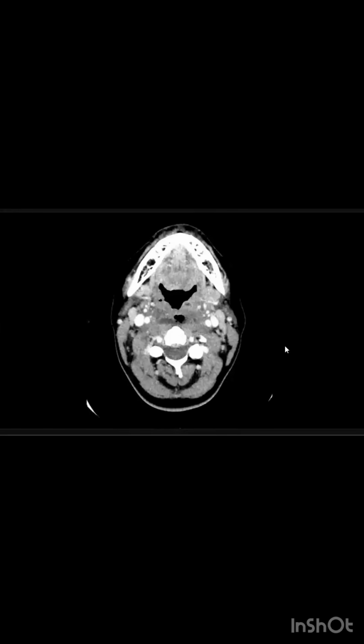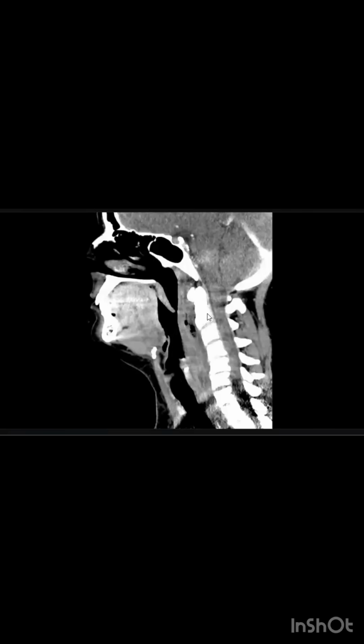On the basis of the imaging findings, this is a case of retropharyngeal abscess with compression on the pharyngeal airway. However, I cannot see any vascular complication, any venous or arterial thrombosis, and I can appreciate some air foci within this collection.